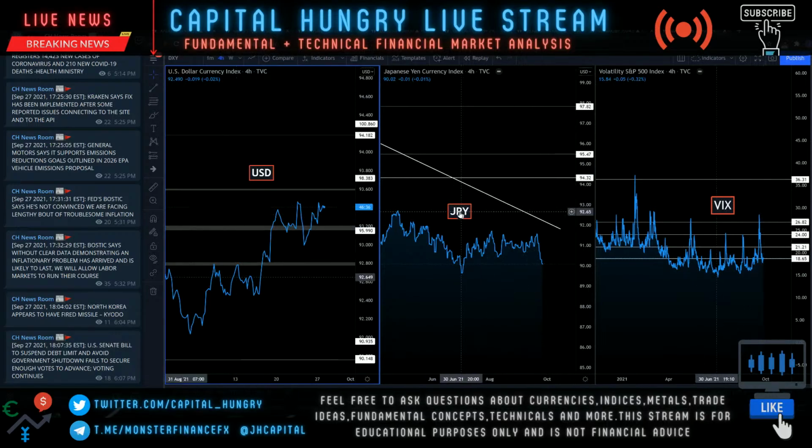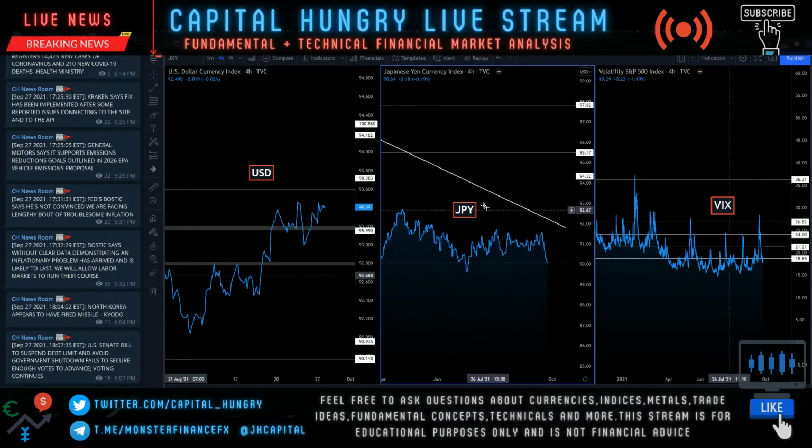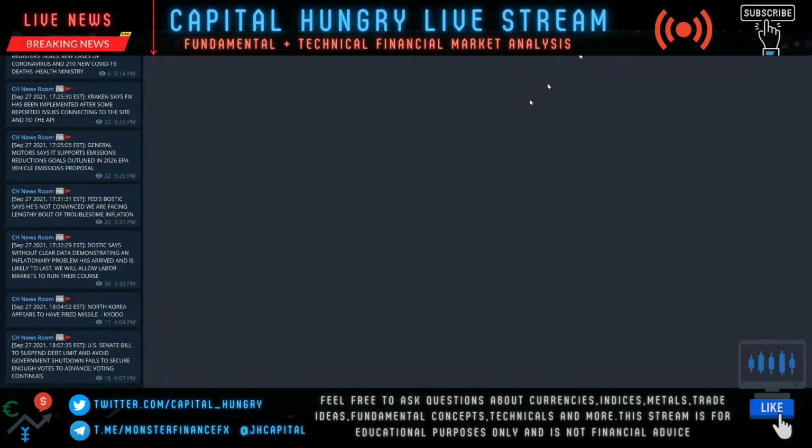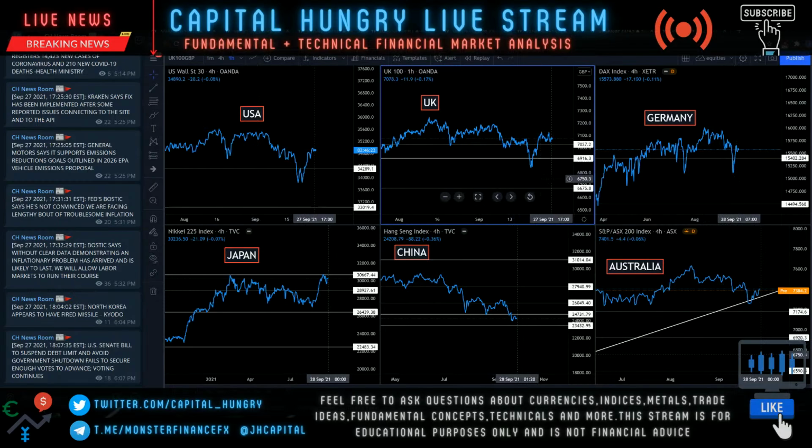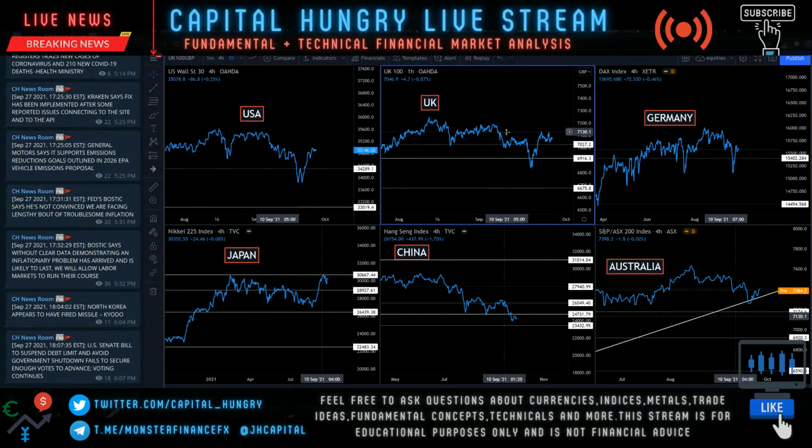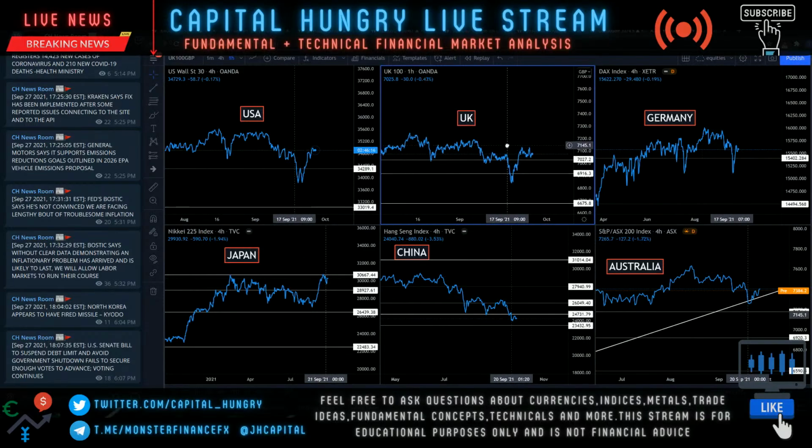So what I was going to talk about is you can see the Japanese yen by itself, when you're looking at the yen currency index, is still very bearish standalone, and UK equities are still bullish, just sitting at the all-time highs areas, right? You can see UK stock market here. If you were to zoom out on the UK stock market, you can see that it's still relatively bullish. Most stock markets are still bullish across the board.